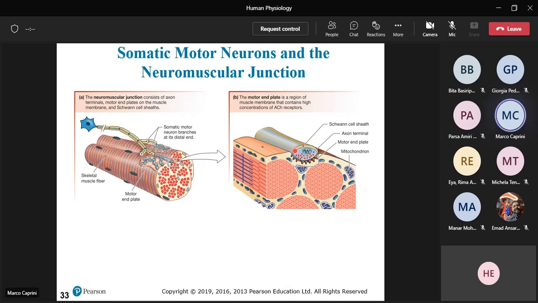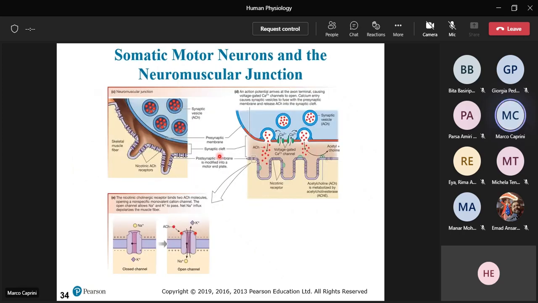We are just repeating important information from the course that we already analyzed. From a physiological point of view, the process starts with the acetylcholine, here in red, released from the somatic motor neuron, as we showed before.